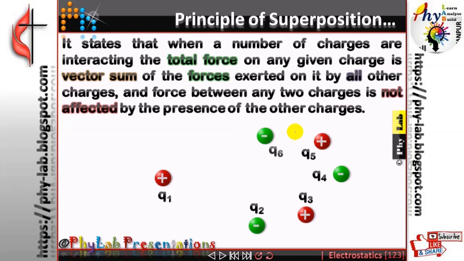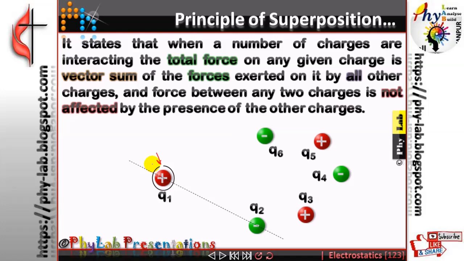So friends, how are these forces going to act? Let me draw those forces also. This is the charge on which I am interested in finding out the net force. So I have highlighted this particular charge Q1. So what I do, I try to find out the forces that are going to be experienced by Q1 due to the other charges in the vicinity. So Q1, and I am taking the charge Q2. I have drawn the centers of both the charges. Remember, Coulomb's law is a central force.